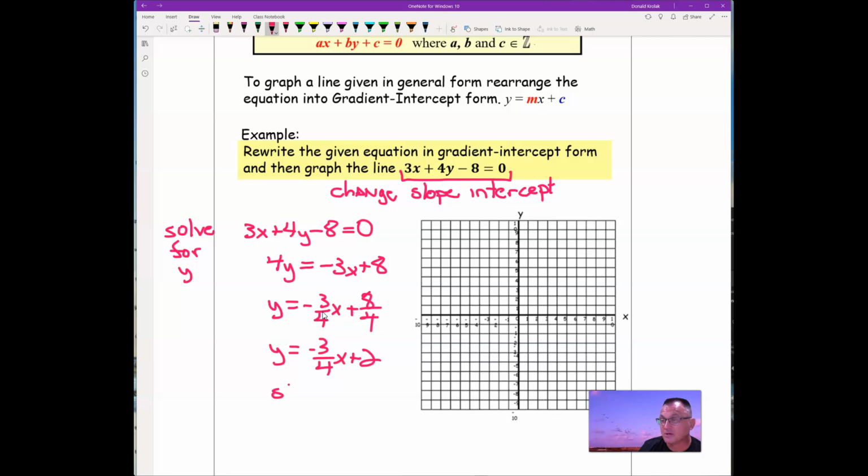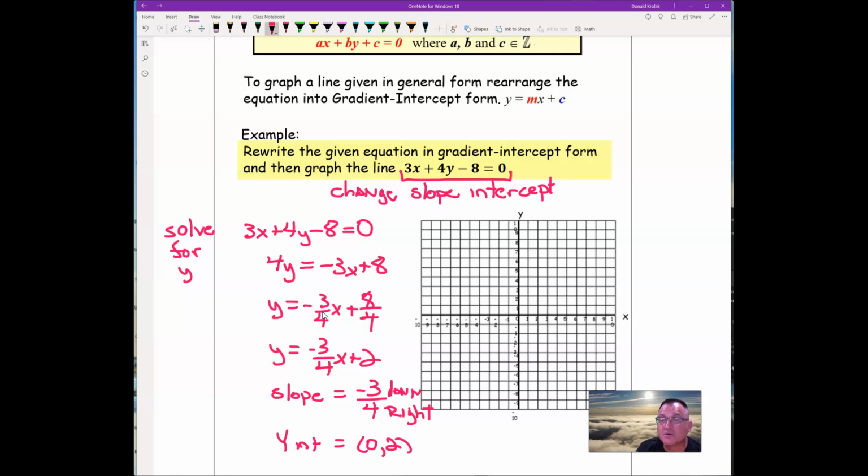Okay, so my slope is -3/4. That would be 3 down, 4 right, and my y-intercept is (0, 2).